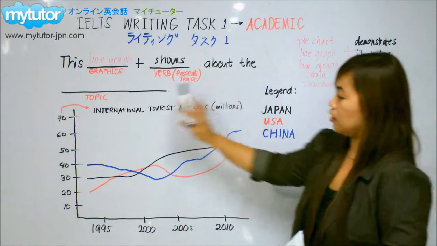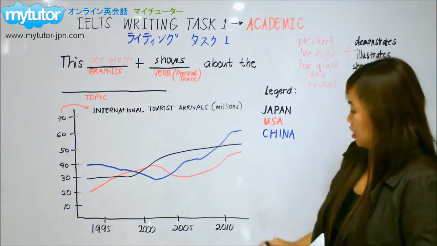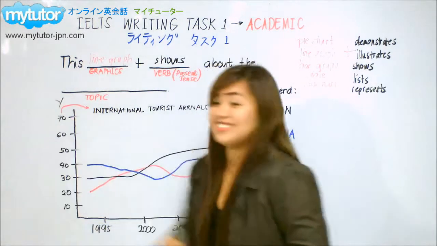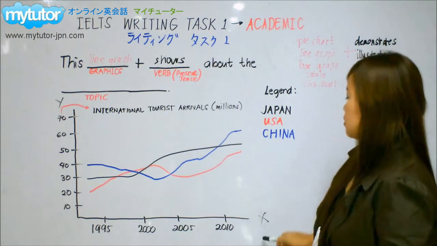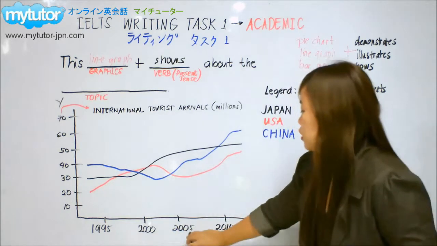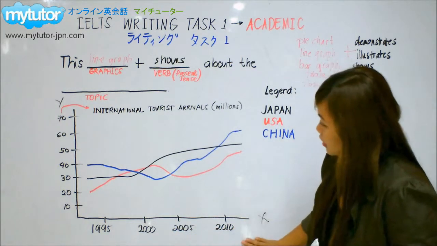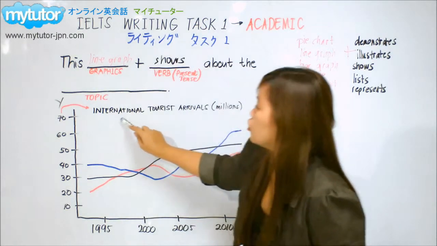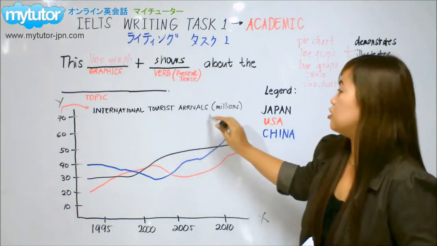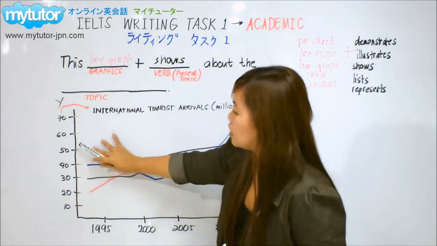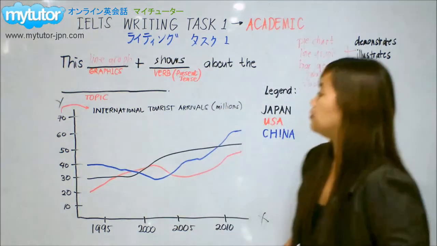So what is the topic here? As you see, we have the x-axis and the y-axis. In the x-axis, you see the years 1995, 2000, 2005, and 2010. Here in the y-axis we have international tourist arrivals, and it shows in millions: 10, 20, 30, 40, 50, 60, 70.